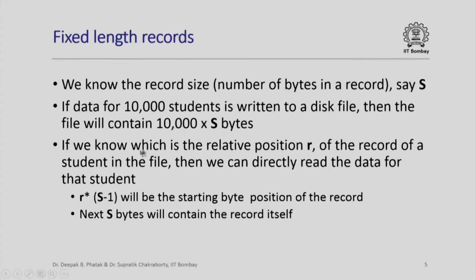More important, if we know the relative position of a particular record which we want to access, let us say that position is R, then we can directly read the data for that student by simply going to R into S minus 1th byte, because this will be the starting byte position for the record of that student. The next S bytes will contain the record itself. So, this is the great advantage of using fixed length records in direct access files.